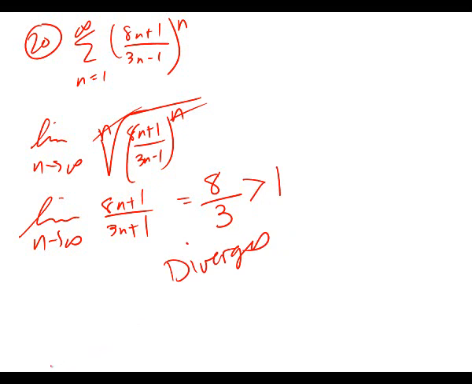$16? Okay, 16. Oh, we still got lots of time. Ratio test. So we got the sum as n equals 1 to infinity of n times (10 over 9) to the nth power.